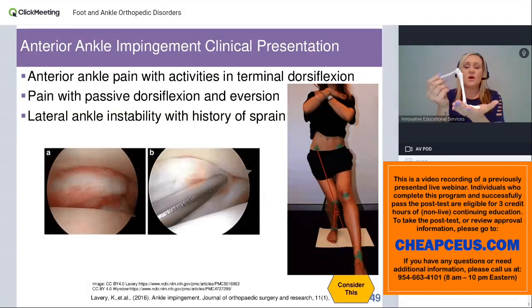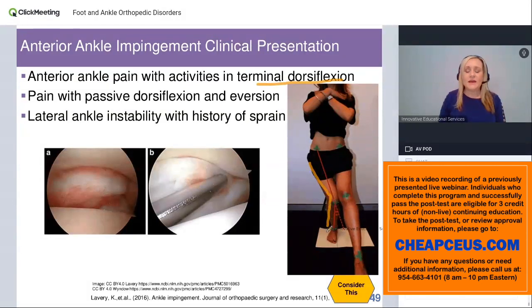If they are stepping up on a stair that's really high, or in those deep lunges, they might have that deep ankle pain, specifically with that terminal dorsiflexion movement. So this is the patient where if you have them do that single limb balance test, they might move in this position where they're having that hip adduction, that knee malalignment.